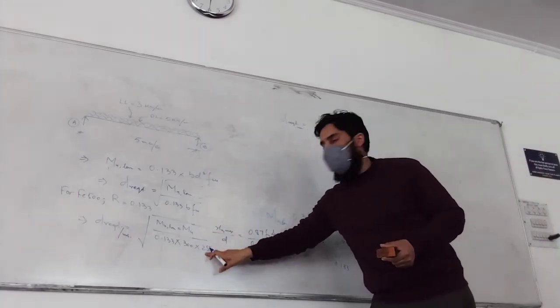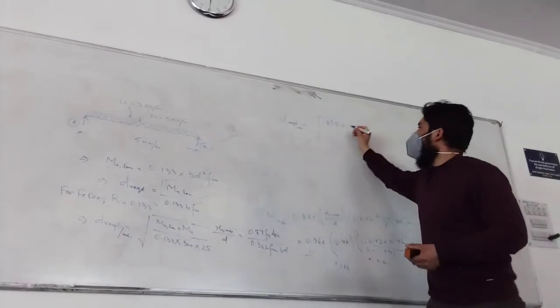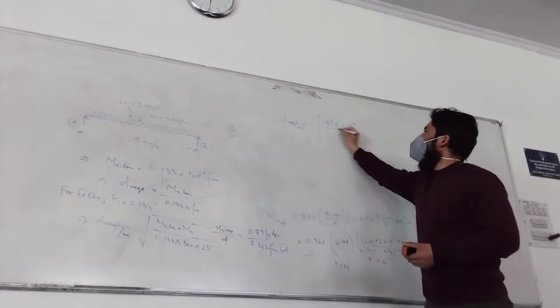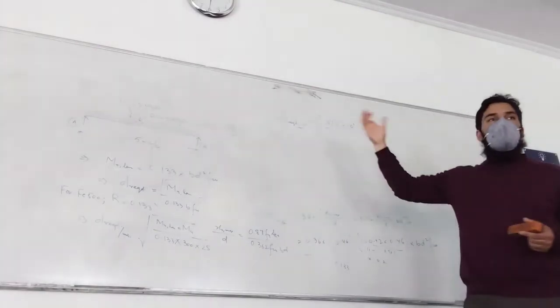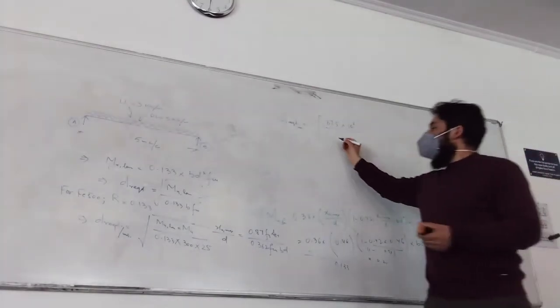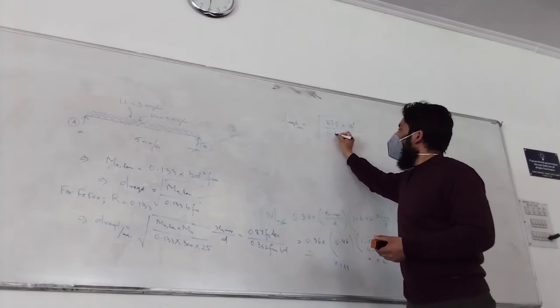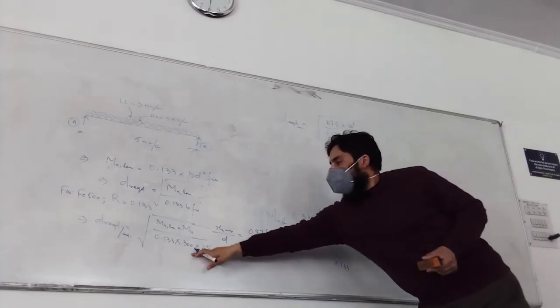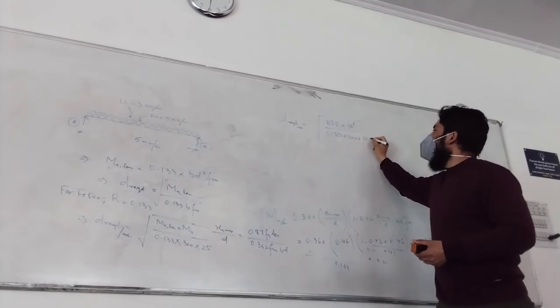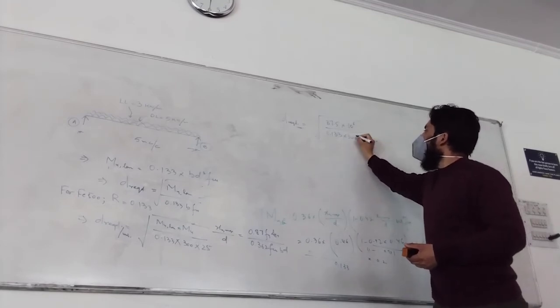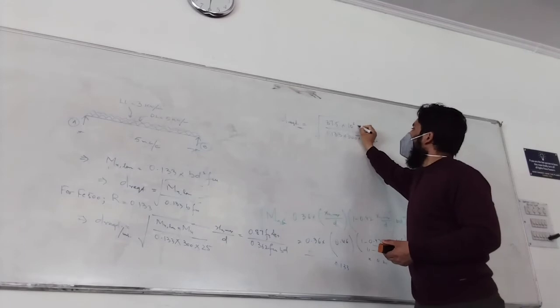This is in Newton per mm square. This is no unit. So I am converting 10 raised to 6 kilonewton meter into Newton mm. So I multiply by 10 raised to 6, divided by 0.133. This is 300 mm. This is 25 Newton per mm square. This is mm. This is Newton mm.